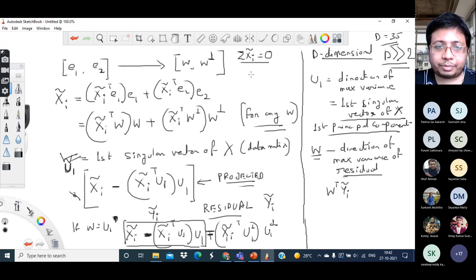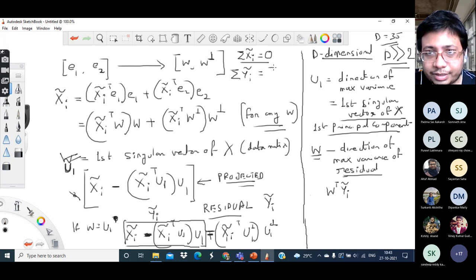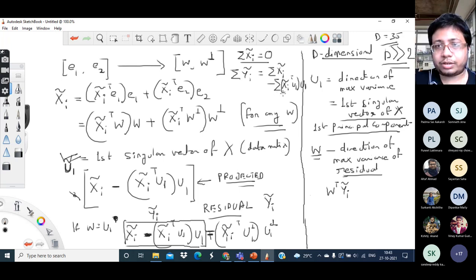Now I am talking about the variance of yi tilde. What can I say about the summation of yi tilde? The way it has been defined, it is the summation of xi tilde minus the summation of xi tilde transpose u1 times u1.